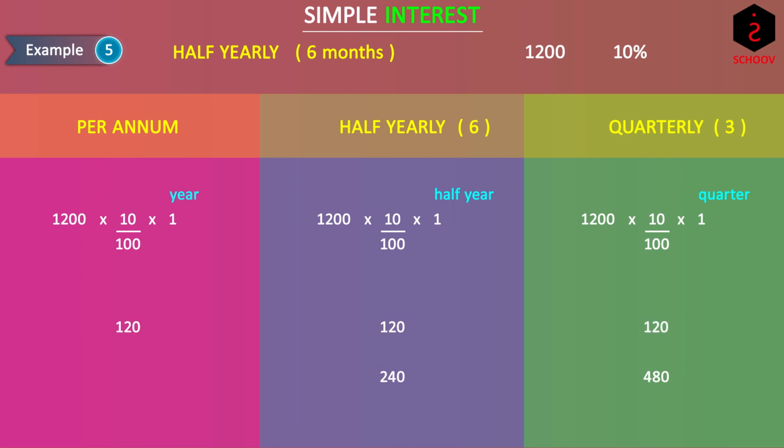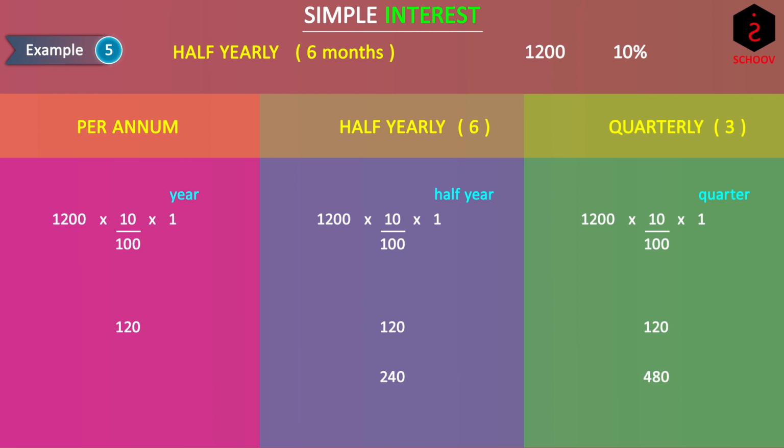And what does this mean? This means that in per annum, the interest calculated is per year. So the borrower will return 120 as interest in 1 year. In second case, he will have to pay 120 in 1 half year or 6 months, and in 1 complete year, he will have to pay double, 240. Quarterly, he has to pay 120 in just 3 months, which means 480 in 1 year.